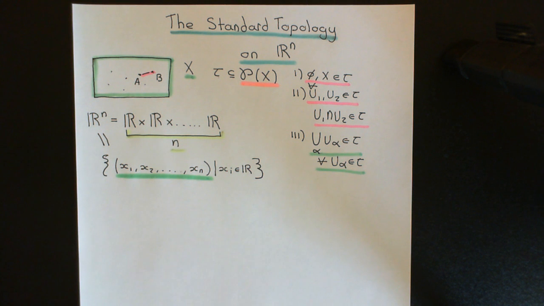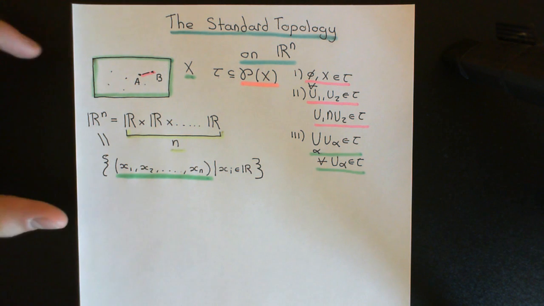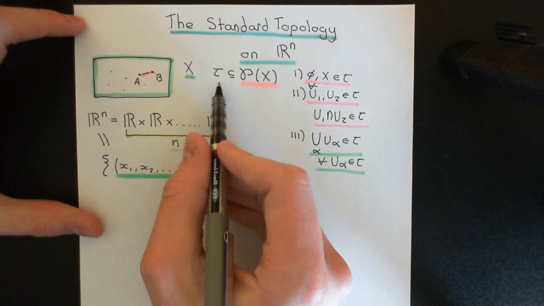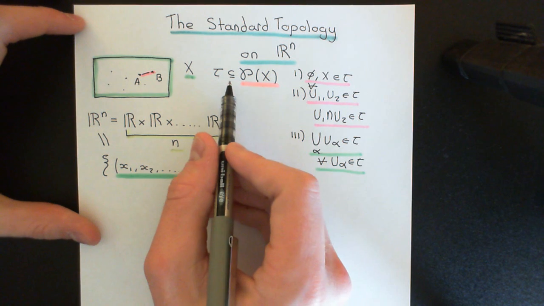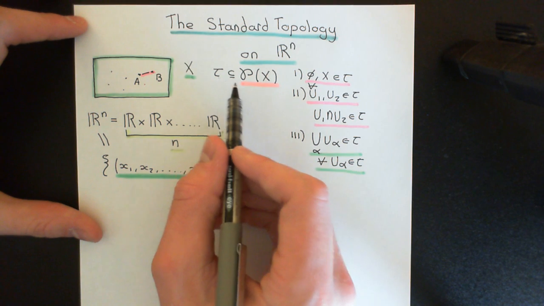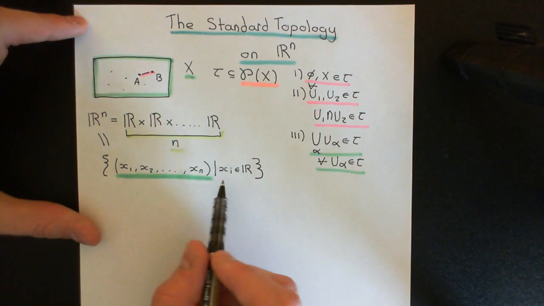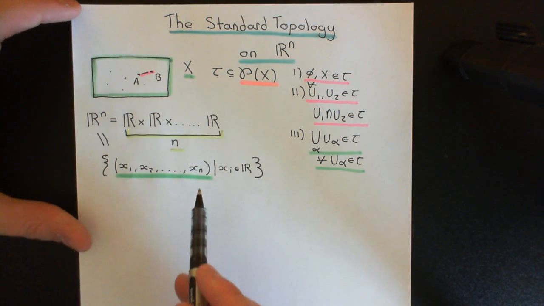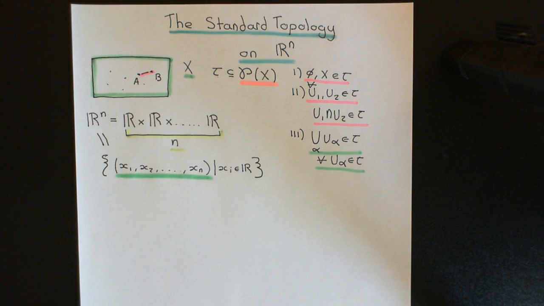Okay, so there's a topology that we could put on Rn which isn't the standard topology. In addition, we could put the discrete topology on Rn, and in the discrete topology what you do is you set the topology tau equal to the power set of X. You put in absolutely every single possible subset of the set capital X. Now that doesn't even bear thinking about in the case of this massive great set, but in principle you can do it, and that will also obey these three axioms that the topology needs to obey, and that's called the discrete topology.